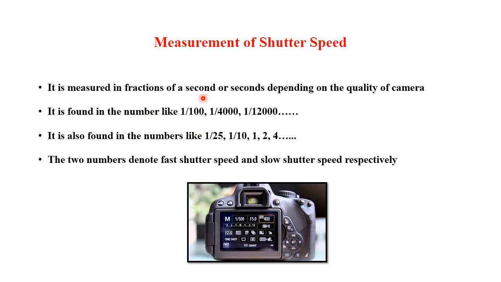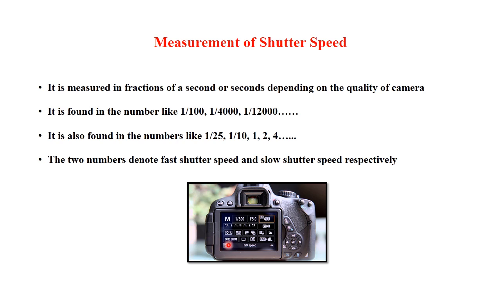In our everyday life we have kilogram, gram, meters, liters, right? But over here, if we want to measure shutter speed, we do not have the kilogram or the gram or the liter or the meter. What we have over here is that we measure the shutter speed in fractions of a second.